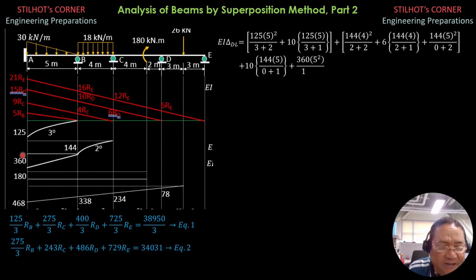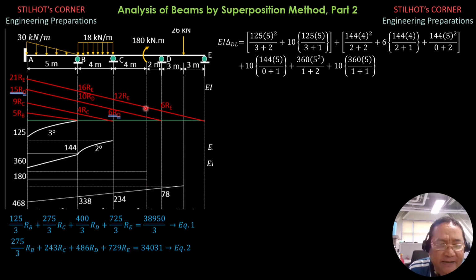Then for this moment 360 times 5 square over 1 plus 2 due to deflection, and due to slope plus 10 of theta here, 10 times 360, length 5 divided by first degree plus 1. Then for the couple load up to D, it's only up to here, but we have to extend by the additional deflection by slope.